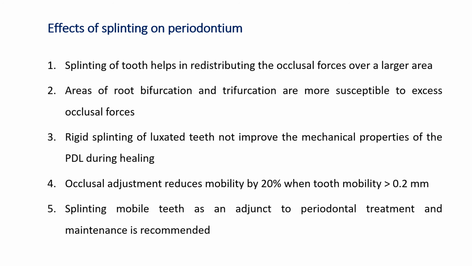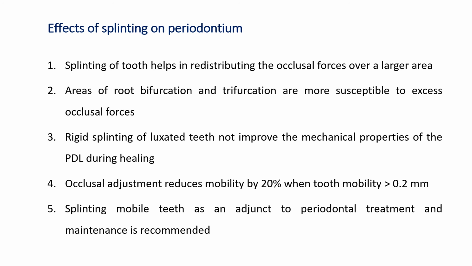Also, it was observed that the areas of root bifurcation and trifurcation are more susceptible to excessive occlusal forces. Another study on monkeys showed that rigid splinting of luxated teeth did not improve the mechanical properties of periodontal ligament during healing. In general, occlusal adjustment reduces mobility by 20% when tooth mobility exceeds 0.2 millimeter.